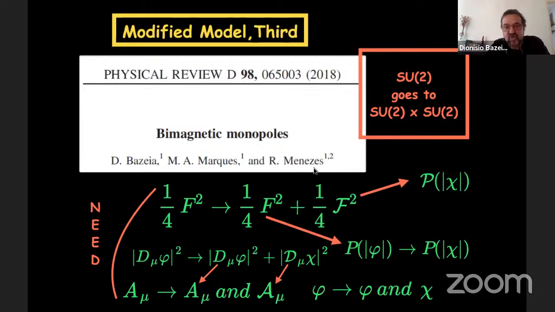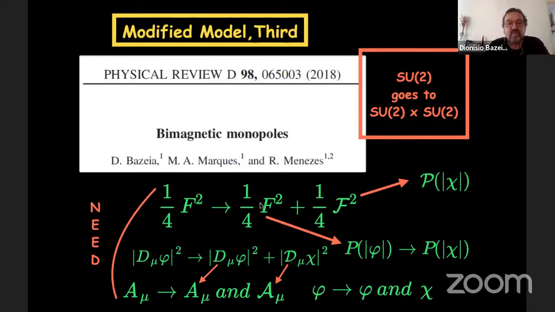So the interaction between the two SU2 symmetries is given by this P of chi here. So we have SU2 here and SU2 here, which interacts with the other SU2. So those are the two gauge fields which are interacting in this way.